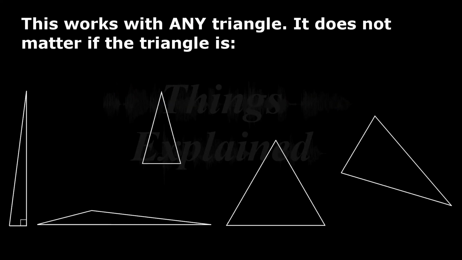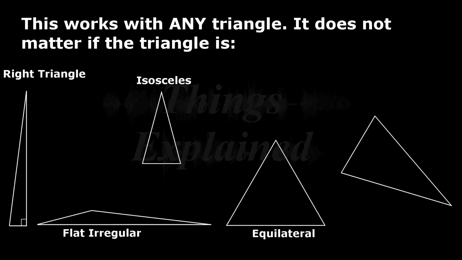This formula works with any triangle. It does not matter if the triangle is a right triangle, a flat, irregular triangle, an isosceles triangle, an equilateral triangle, or just a funny-looking triangle in general. This formula for finding the area of a triangle works the same on any triangle.